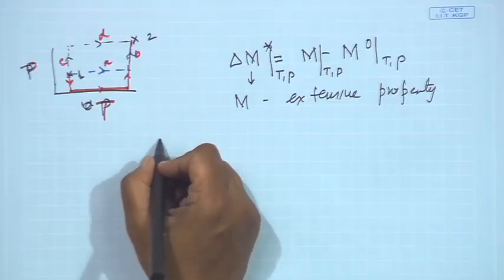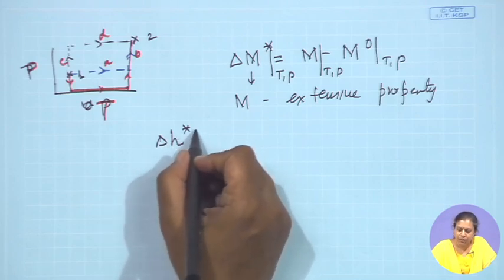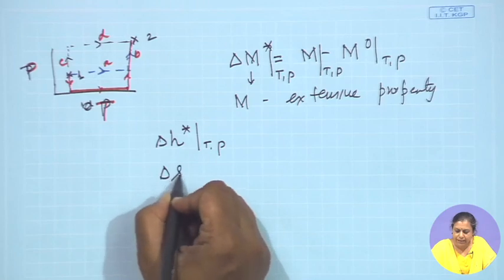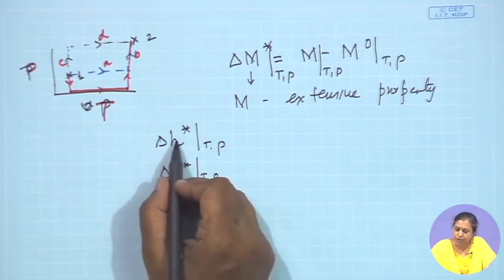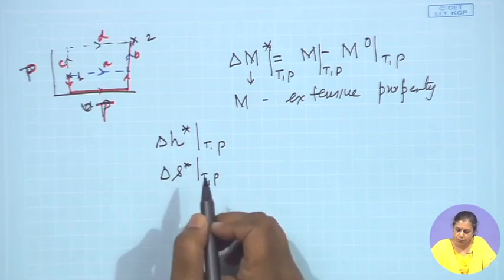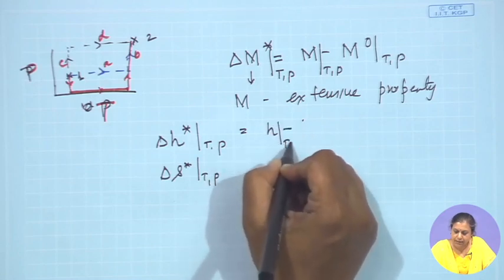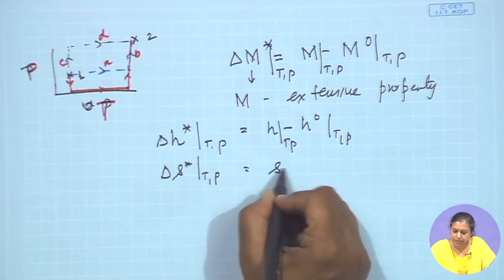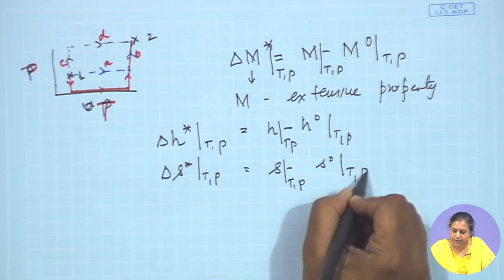For this, we will primarily be confining our interests to the estimation of delta H star at any T, P and delta S star at any T, P. These are the departure functions for molar enthalpy and molar entropy. This is defined by H at T, P minus H0 at the same T, P. This is defined as S at T, P minus S0 at the same T, P.